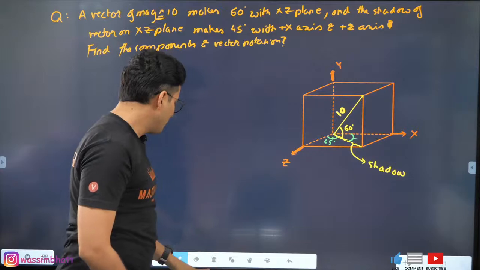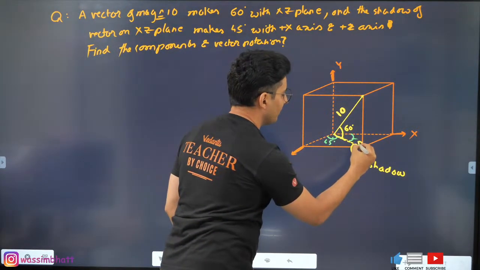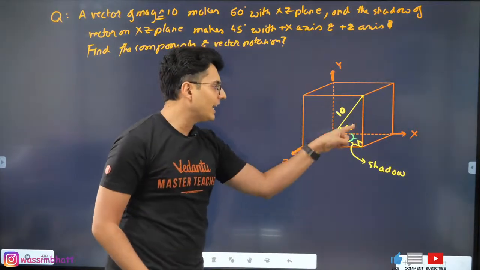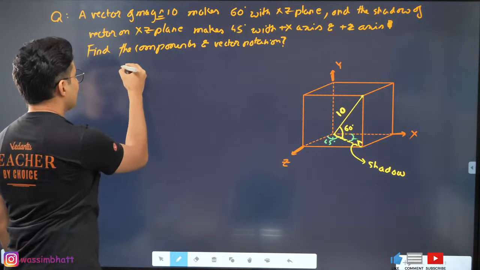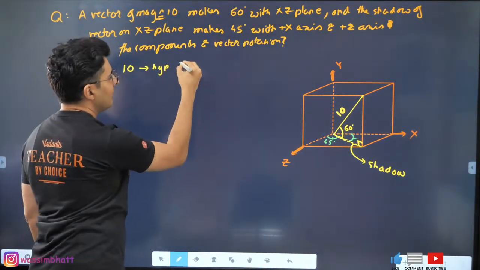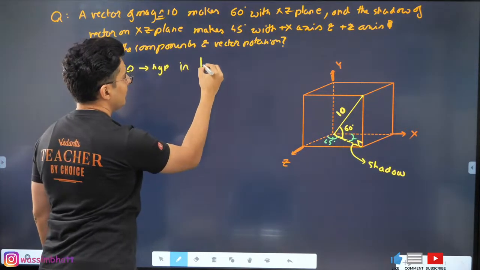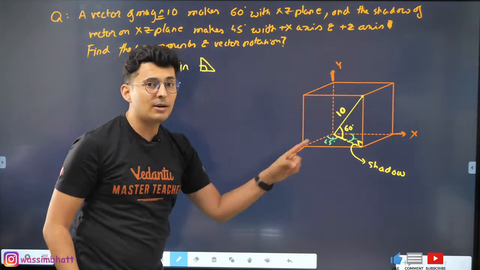Do you see a beautiful right-angled triangle in 3D where 10 is the hypotenuse? So 10 is your hypotenuse in the right-angled triangle, and the shadow is the base.